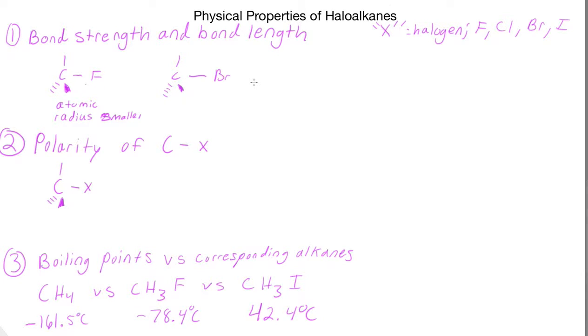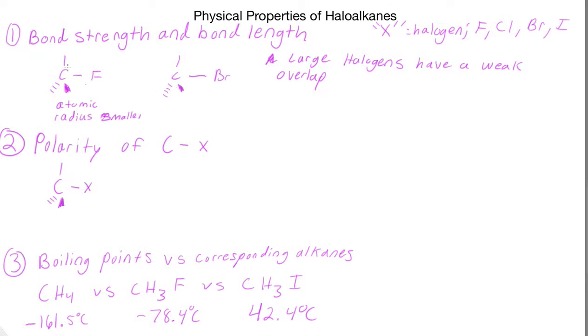And the reason being is as our atoms get larger, the electrons are more diffuse. So let me write this down. So I'll just say large halogens have a weak overlap.